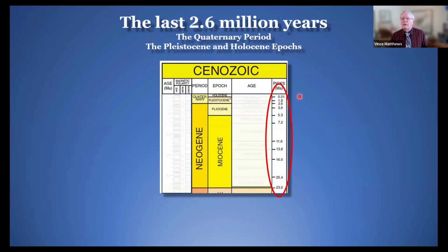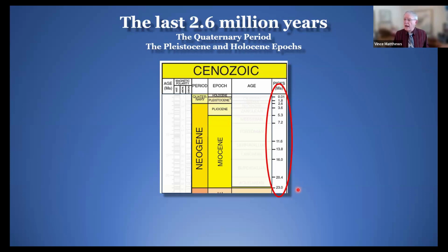Now, this chart's going to change in your lifetime. It's changed in mine. My PhD thesis was on some volcanic rocks that were 23.5 million years old in California along the San Andreas Fault. They'd been split by the fault and moved 200 miles apart by the fault.